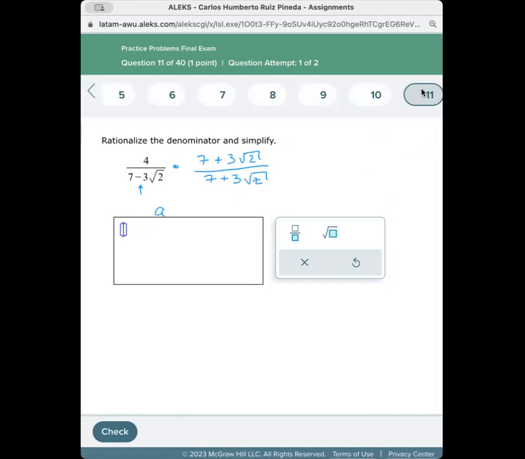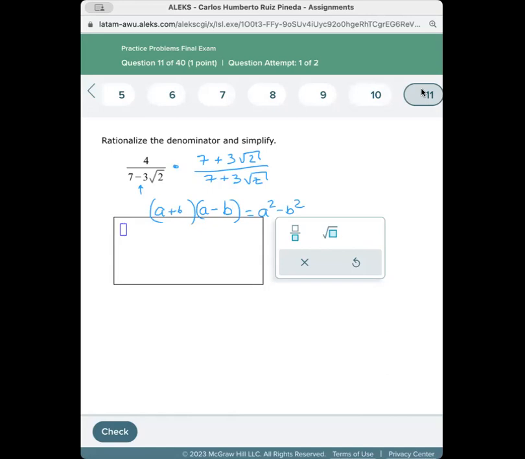That's the point of rationalizing. Because when you multiply a binomial by its conjugate, you get a squared minus b squared, correct? So we get a difference of squares, which you just learned a few problems ago.